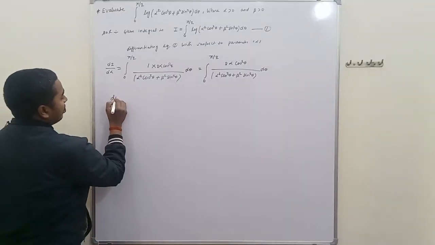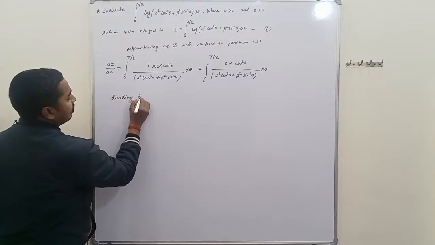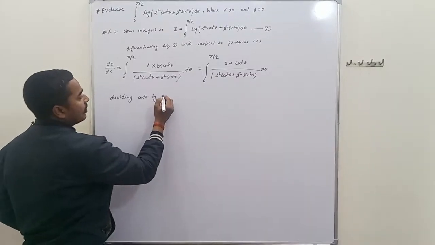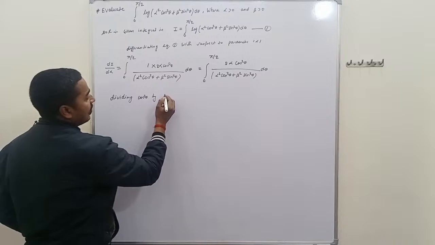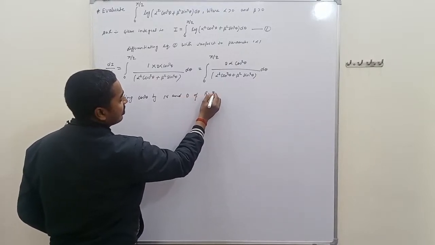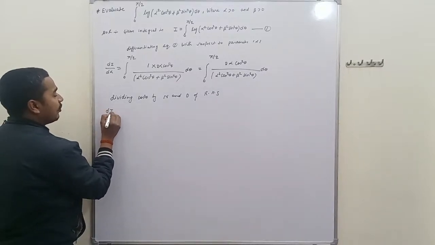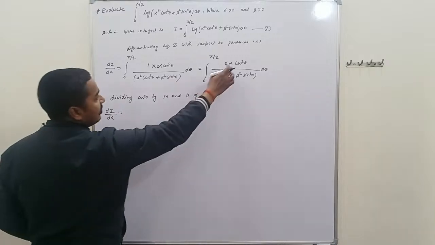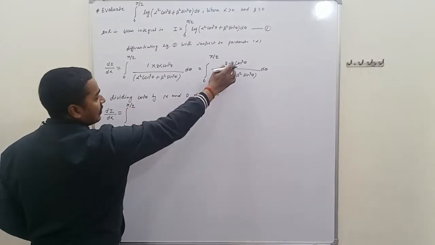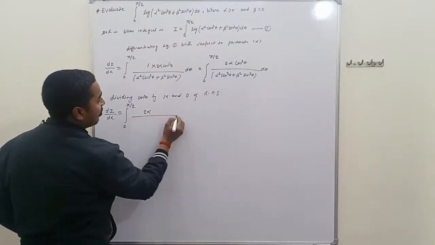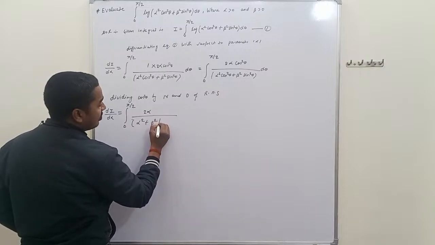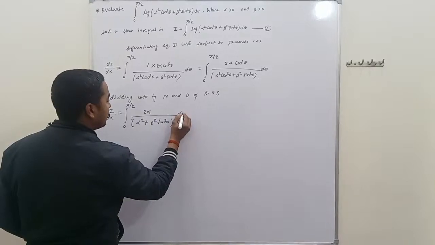Dividing cos square theta in the numerator and denominator of the right hand side, that is dI upon d alpha is equal to, we get 2 alpha, integral limit 0 to pi by 2, and cos square theta to cos square theta is removed, so remaining is 2 alpha upon alpha square plus beta square tan square theta, and this is d theta.